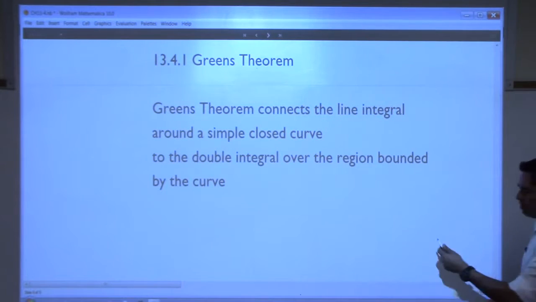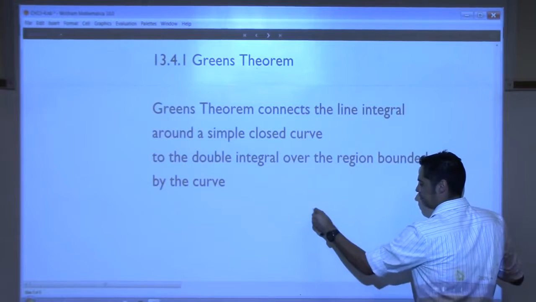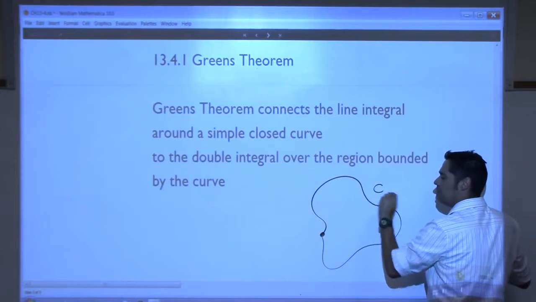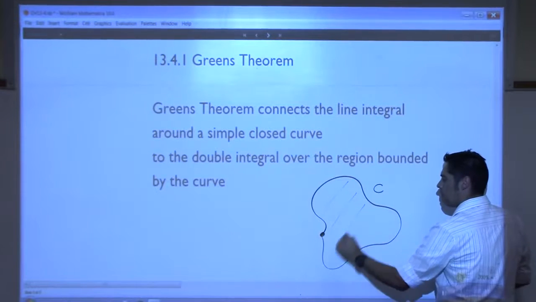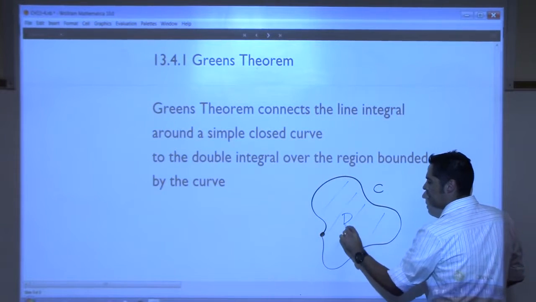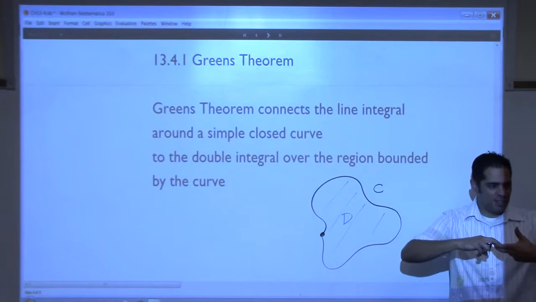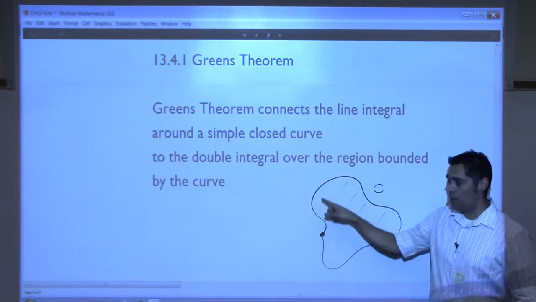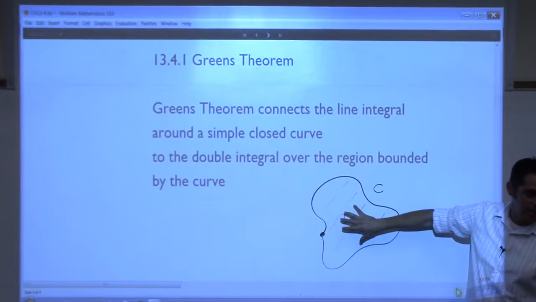So imagine, I'm sure I'm going to have pictures coming here soon, if I take a curve and I make it a simple closed curve, and I call that C, then by default, it encloses a region, doesn't it? And that region I could call D. Green's theorem shows us that there is a connection between the line integral around this curve and the double integral over the region that it encloses.